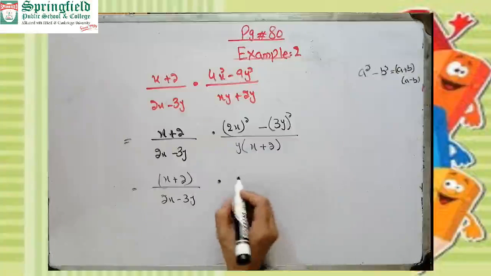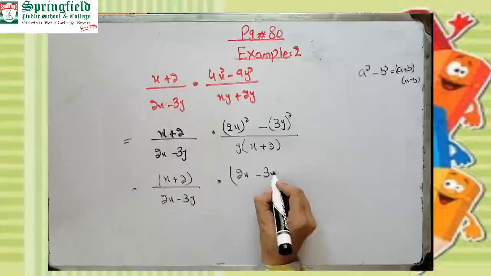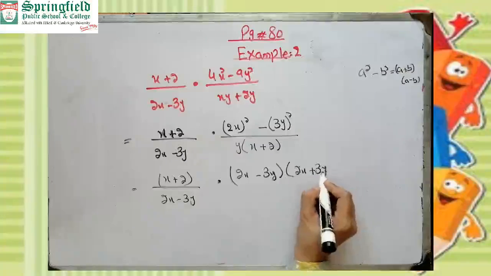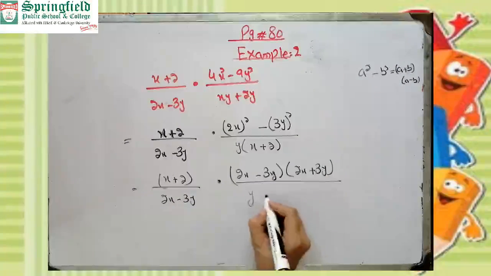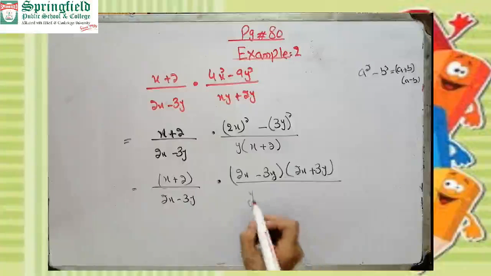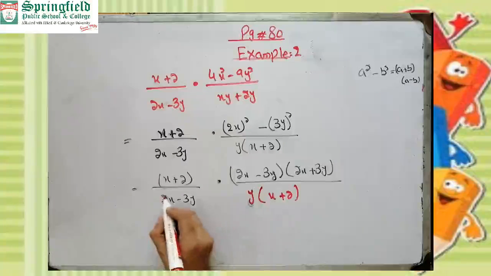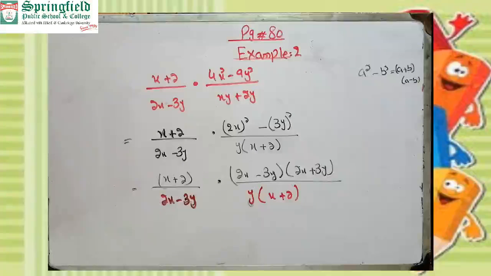So (2x minus 3y)(2x plus 3y), a minus b, a plus b, divided by y(x plus 2), and this is 2x. These are the denominator. Fine.